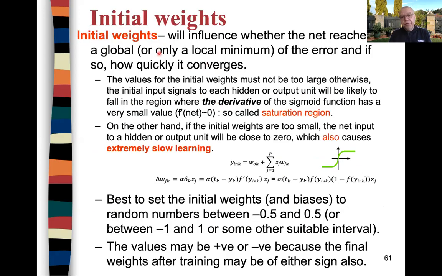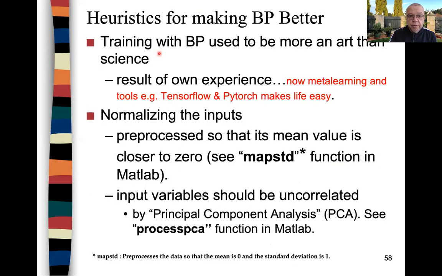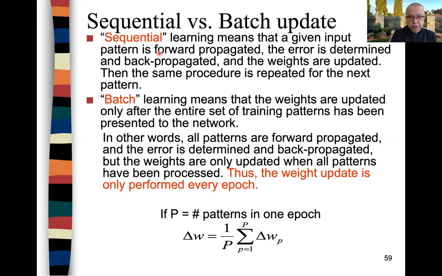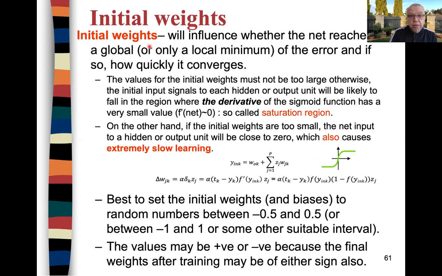Okay, the initial weights. So we covered the pre-processing of the input pattern, and sequential versus batch mode. Now let's see what we would do with the initial weights. Initially, we said that we set them to random values, right? The initial weights will influence whether the network reaches a global or only a local minimum.